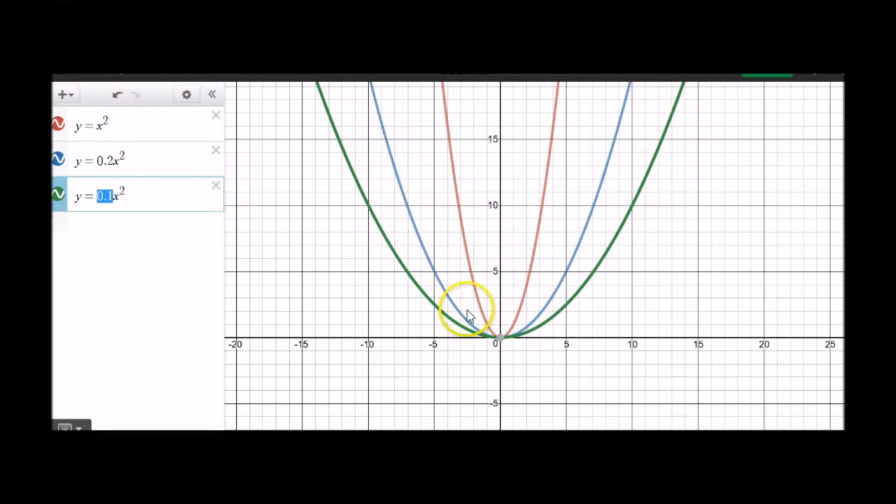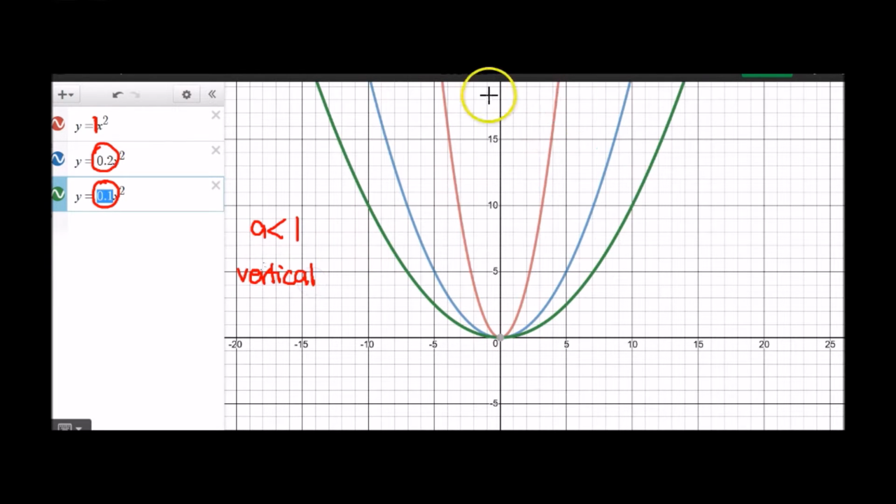wider and wider parabola. So in this case, we can conclude that when A is less than 1, because these numbers are all smaller than the 1 that's here, when it's less than 1, it's a vertical compression.